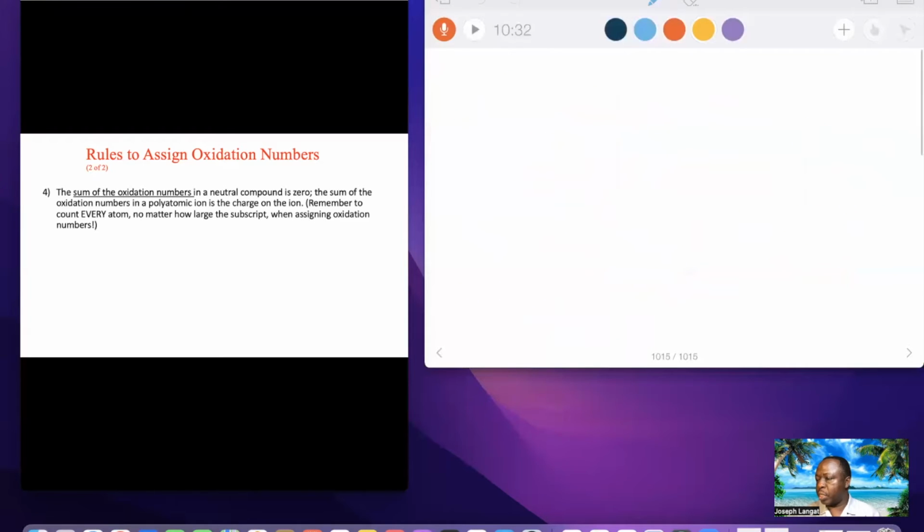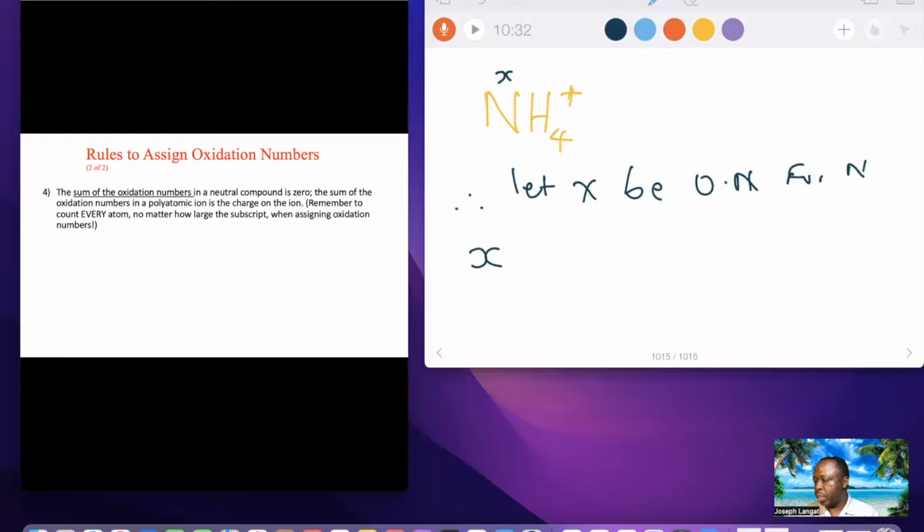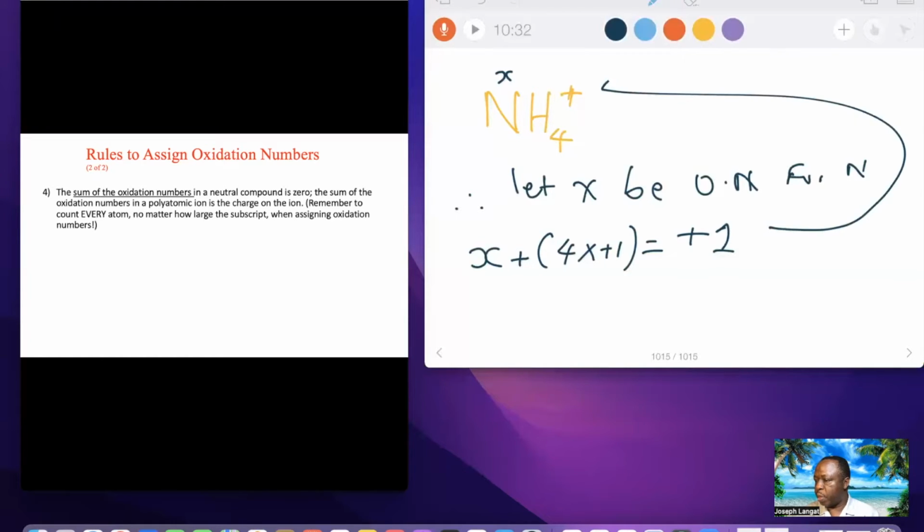Suppose it has a positive charge, let's say NH4 positive, like that. Therefore, let X be the oxidation number for nitrogen. So X plus 4 times +1 for each hydrogen equals +1, because of the overall charge here.